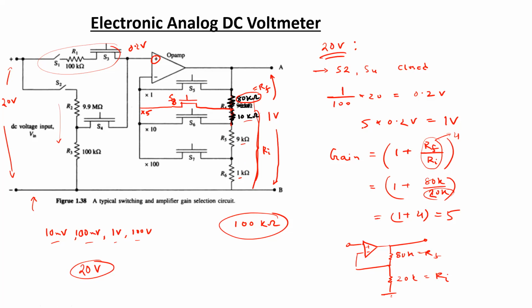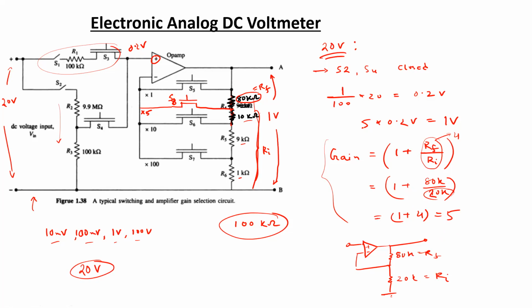So in that sense, I can get a gain of 5. The gain of 5 is going to amplify the 0.2 volts into 1 volt, that is the rated voltage that has to be supplied across terminals A and B.